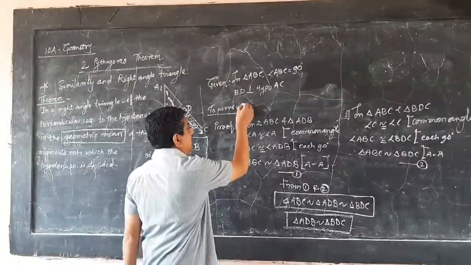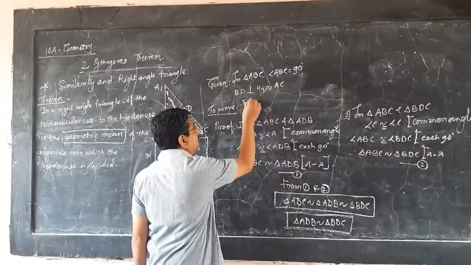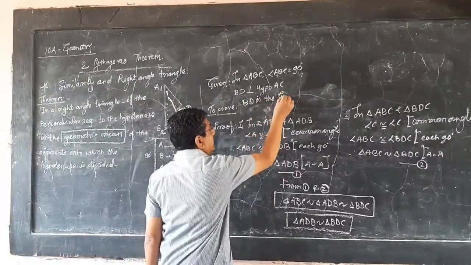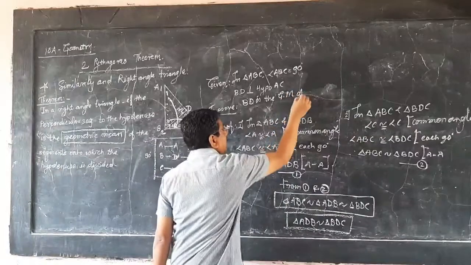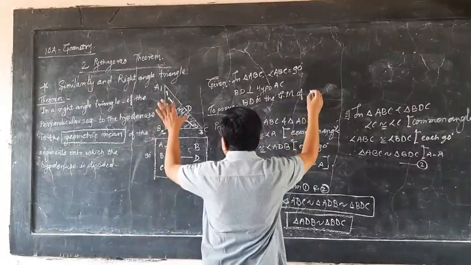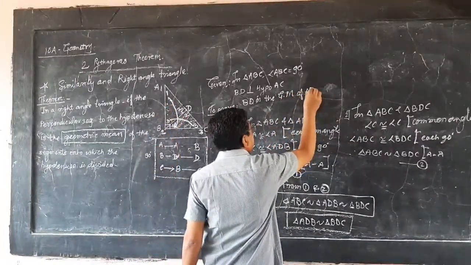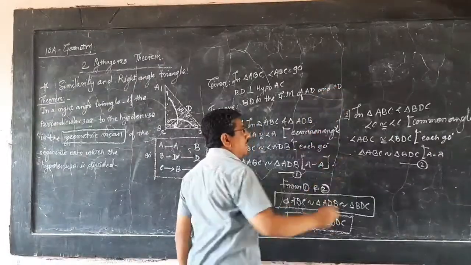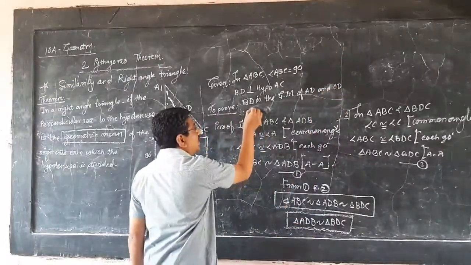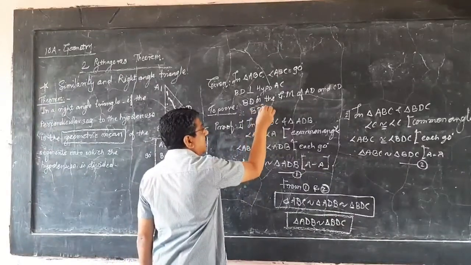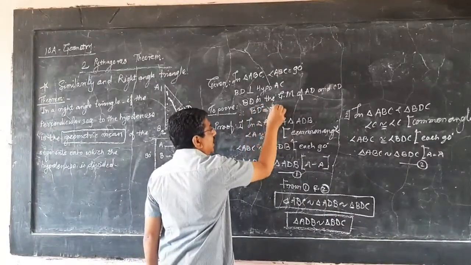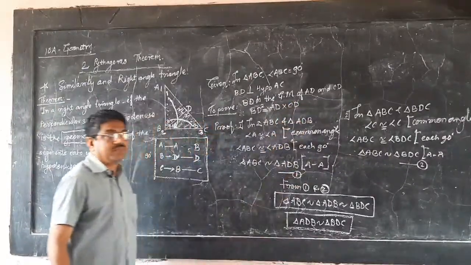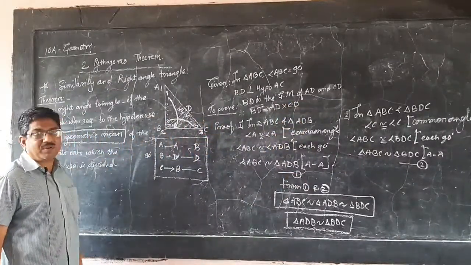It means you can write it like this also: BD is the geometric mean of the segments into which the hypotenuse is divided, that is AD and CD. It means you have to prove that BD square is equal to AD multiplied by CD. Now what will you do?